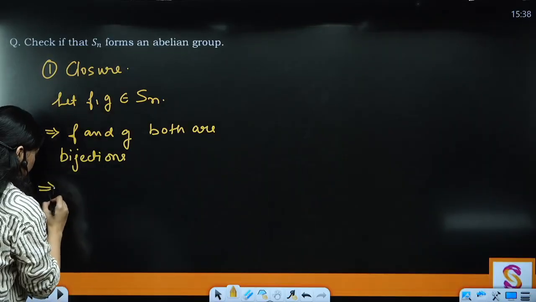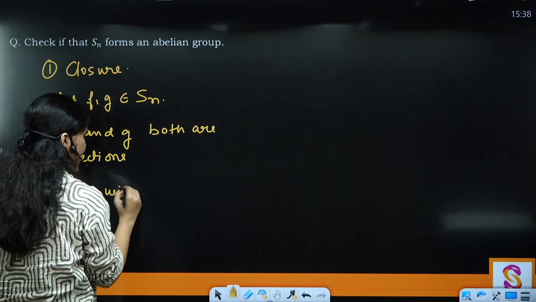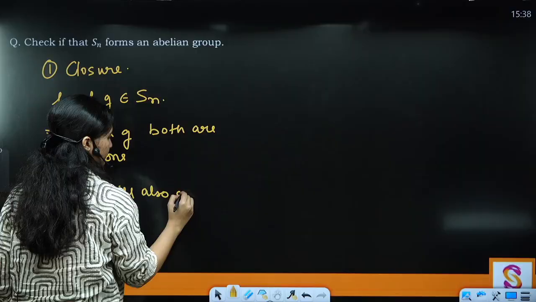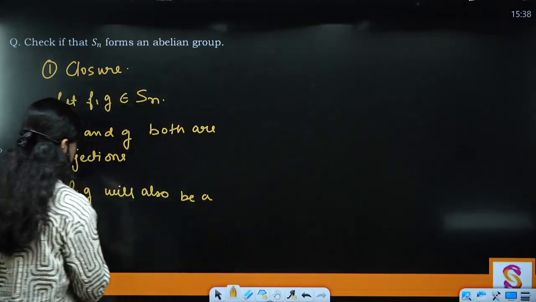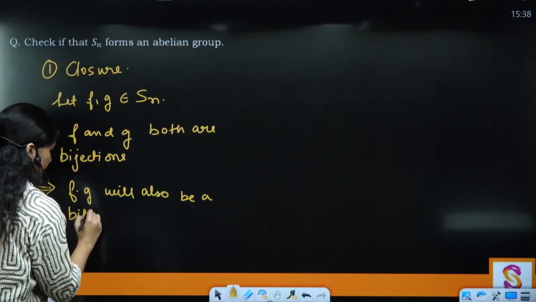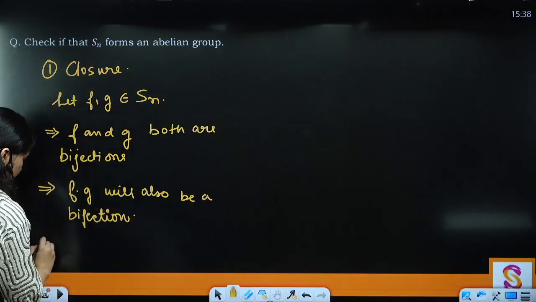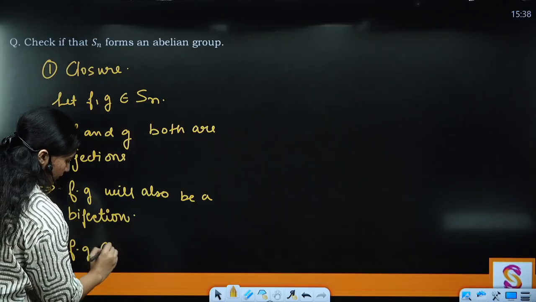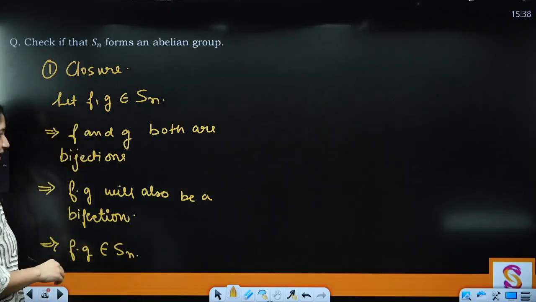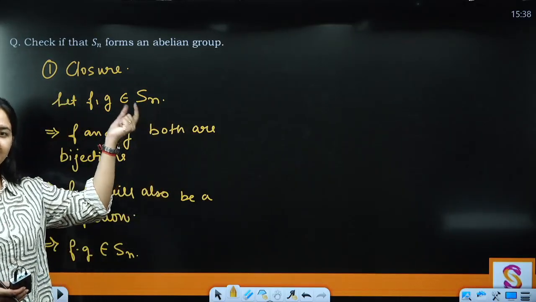So this implies that f dot g will also be a bijection, right? So this implies that f dot g will also belong to Sn, right? Also, it is never going to exceed the degree of Sn, right?